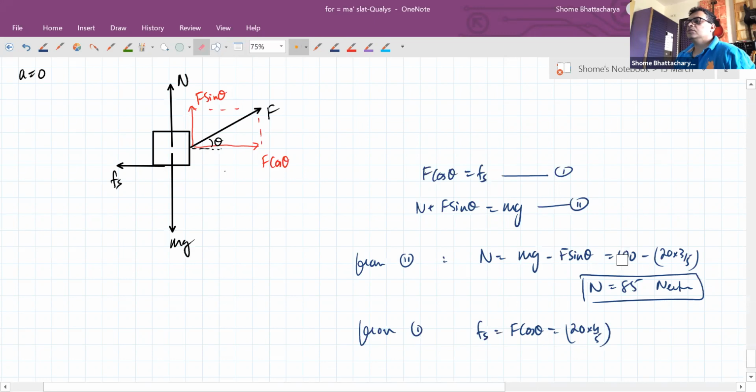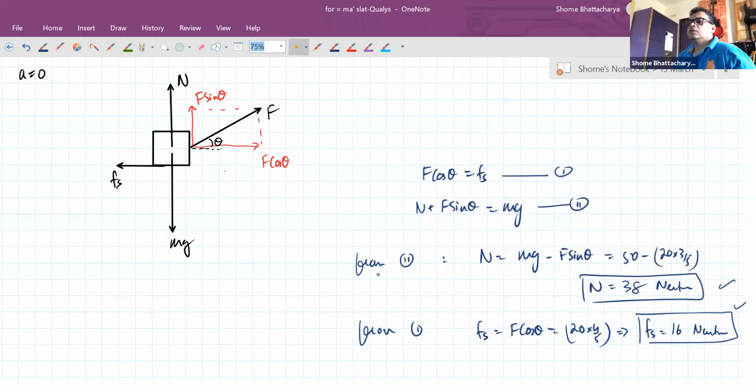So mg is 50 minus 12, so normal reaction is 38 newtons. And static friction is 16 newtons, right?